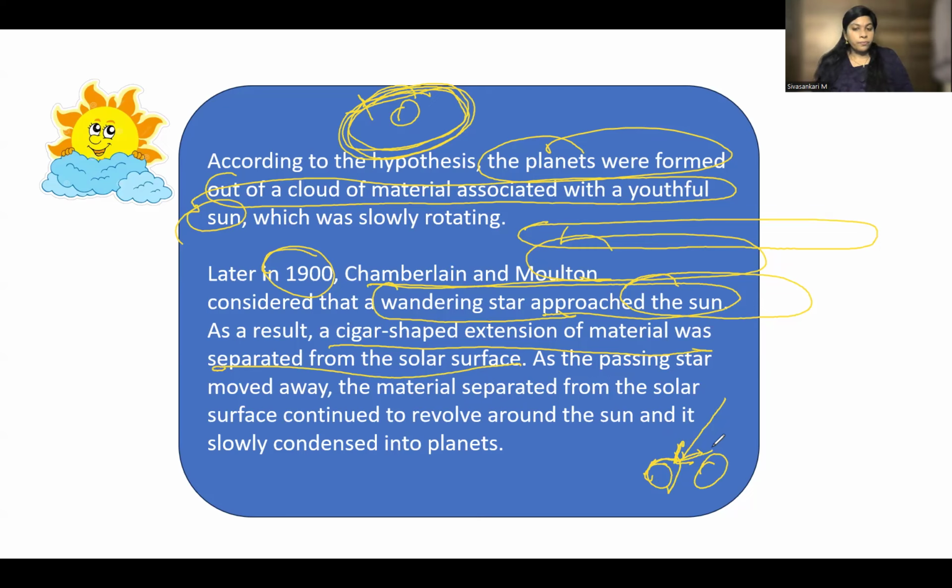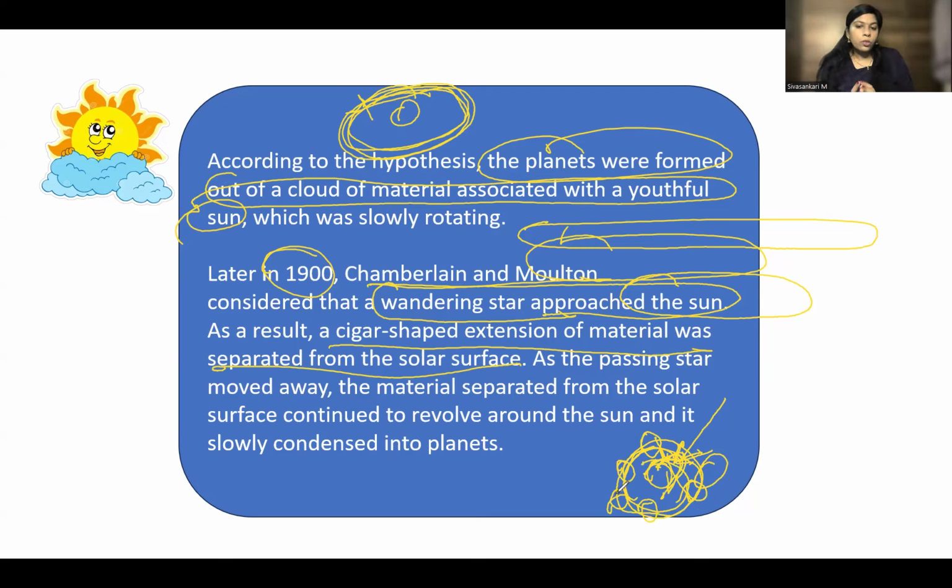And when the star moved away, the material which got separated from the sun started to revolve around the sun, and while revolving, it started to condense into planets. Do you understand?